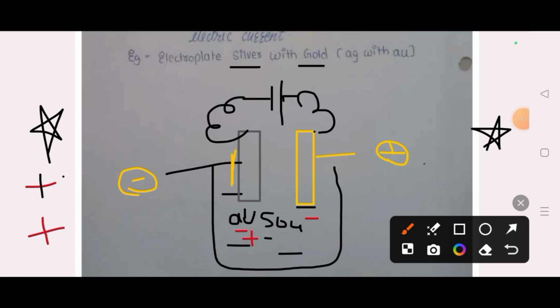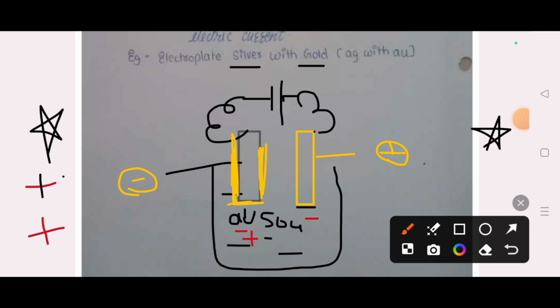And here you will see that a layer of gold is deposited on the surface of your material. Understood the process of electroplating? It's a very easy process, and if you want to try more examples, you can try them by yourself.